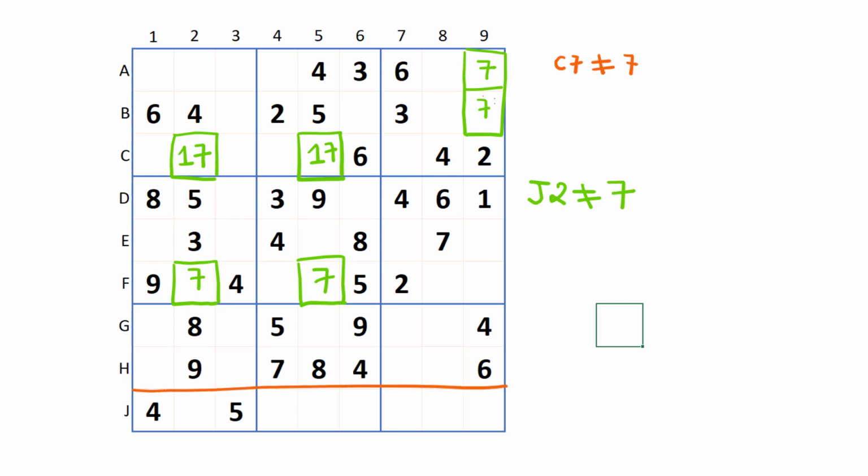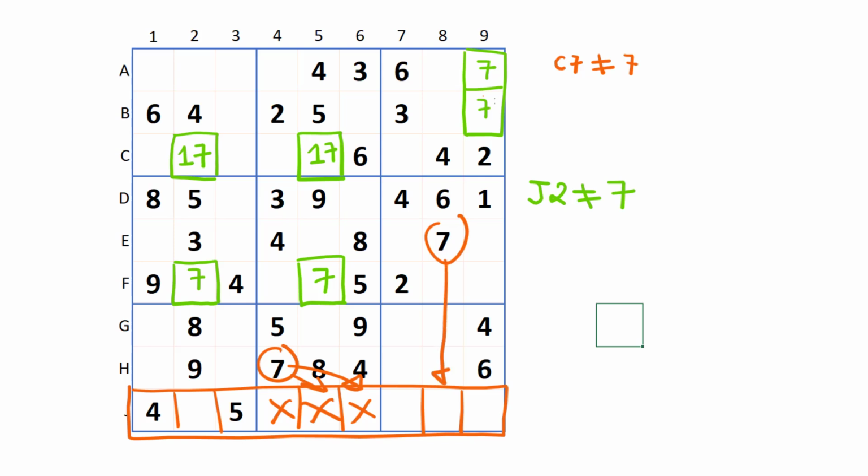Consider the last row, row J. In the middle box below, the number 7 already exists, so there is no number 7 in cells J4, J5, and J6.